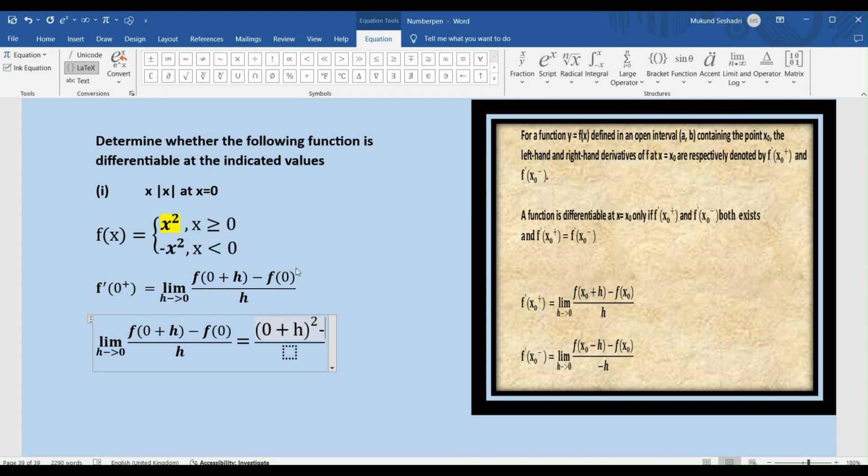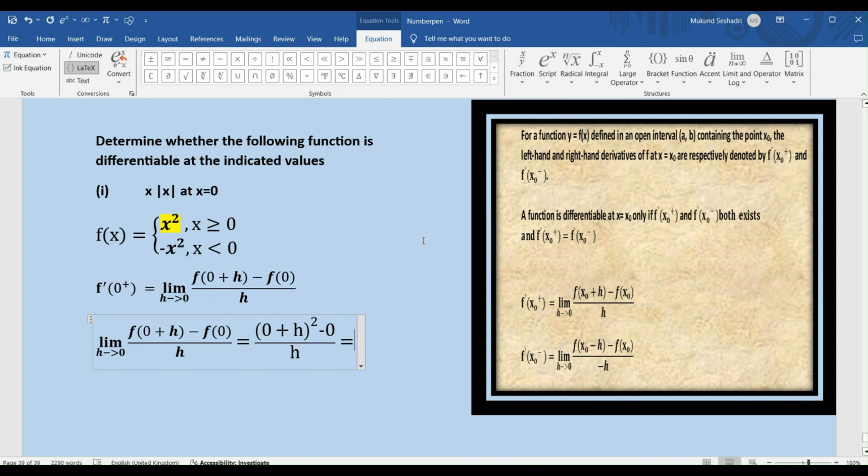What is my f of 0? My f of 0 is again going to take the value x square, because for all values greater than or equal to 0, we have f of x equals x square, right? So my f of 0 is 0 square, which is nothing but a 0, right? So I have my h in the denominator. So my 0 plus h the whole square is nothing but h square, right?